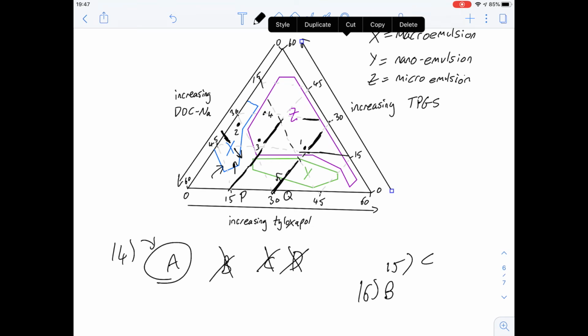And then D says microemulsions or macroemulsions. So microemulsions are group Z, and this line doesn't head towards Z at all. So the answer definitely for this one is going to be B.